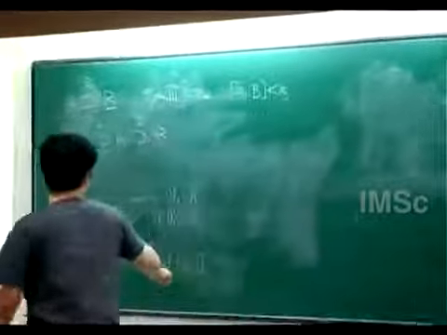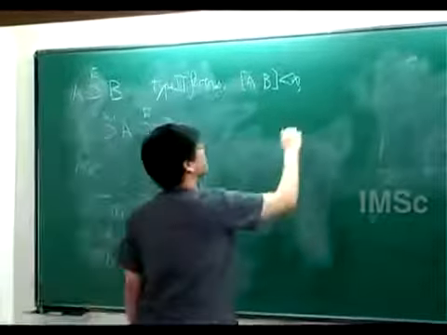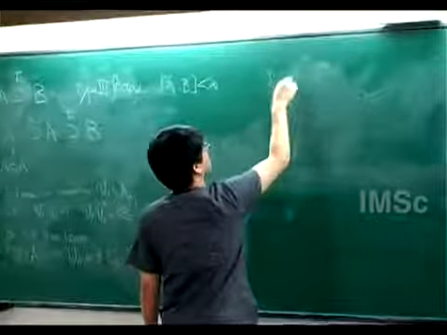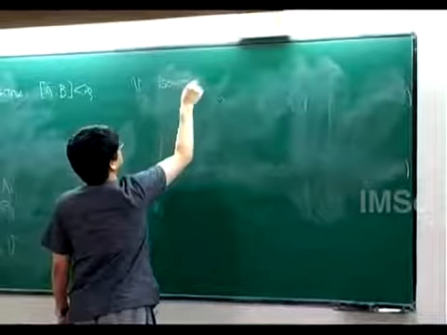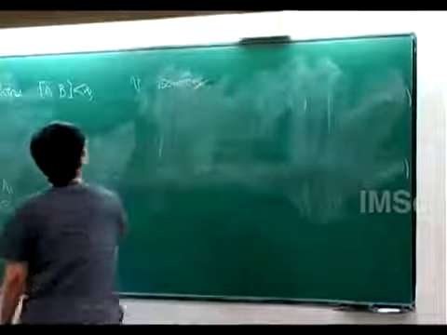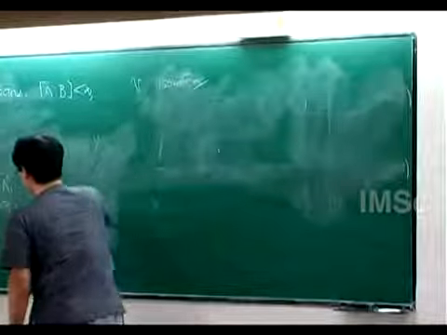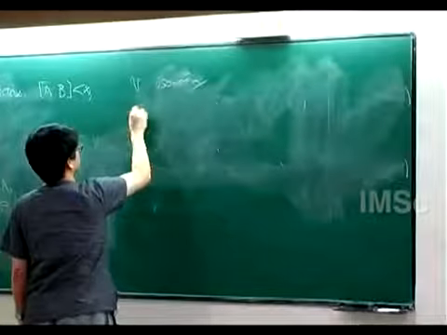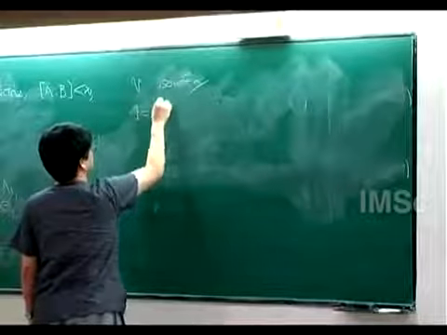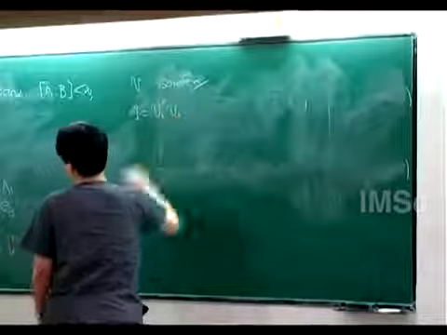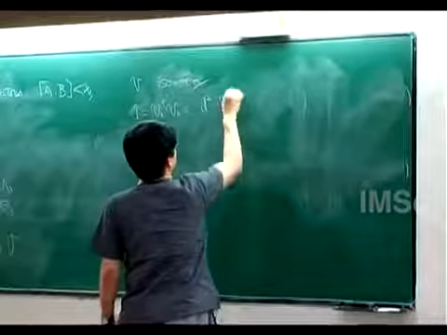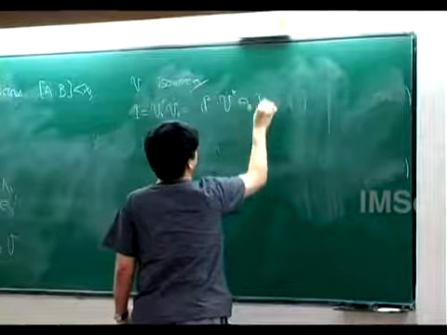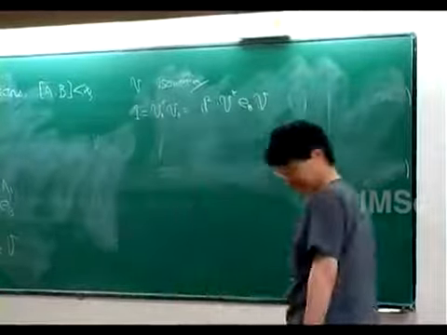Then this is an isometry because, well, let's compute. Since V0 is an isometry, we have this equation.